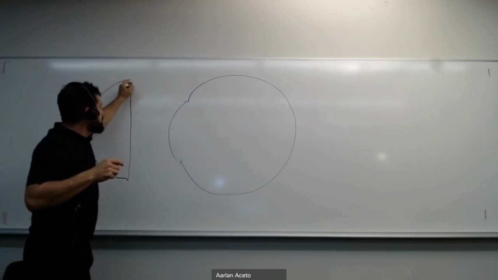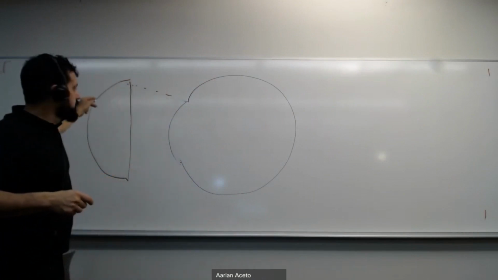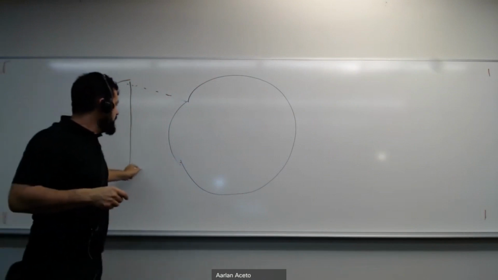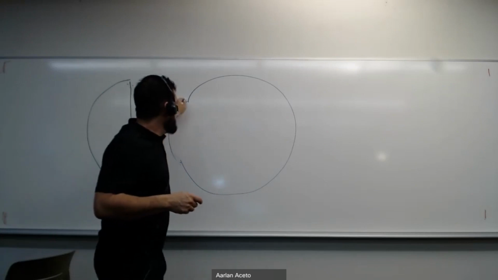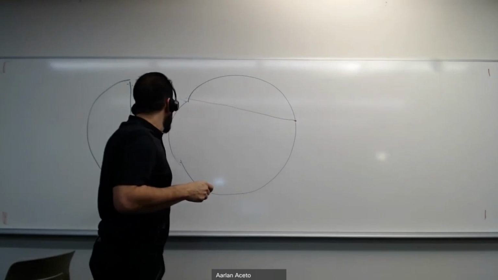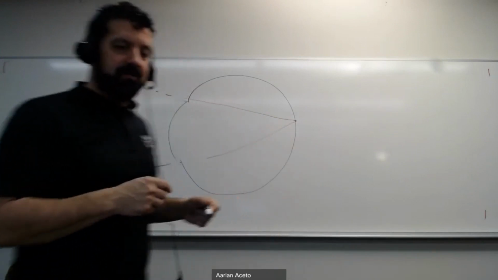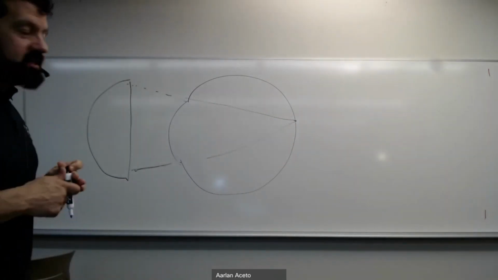The idea is parallel light will go through my lens, we converge through here, and then converge through the cornea, converge through the crystalline lens, and if all works according to plan, it comes to focus right on the back of the retina.